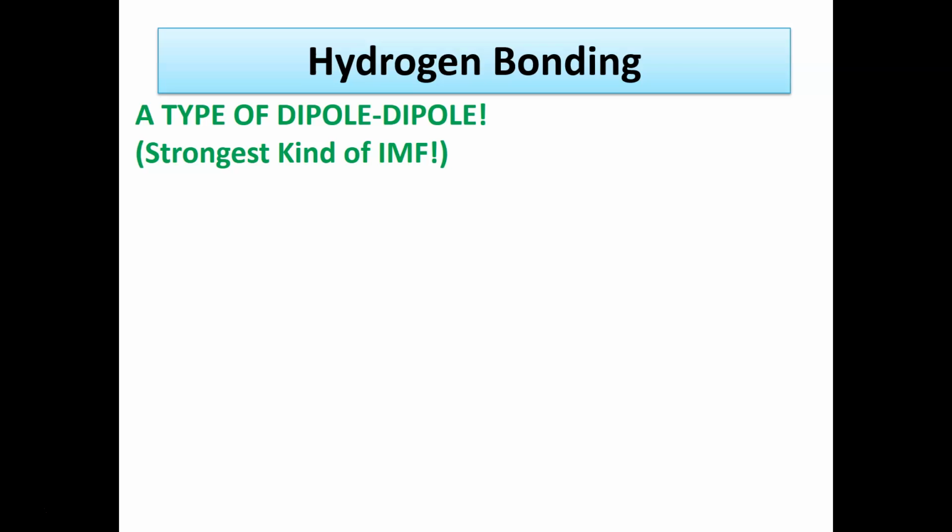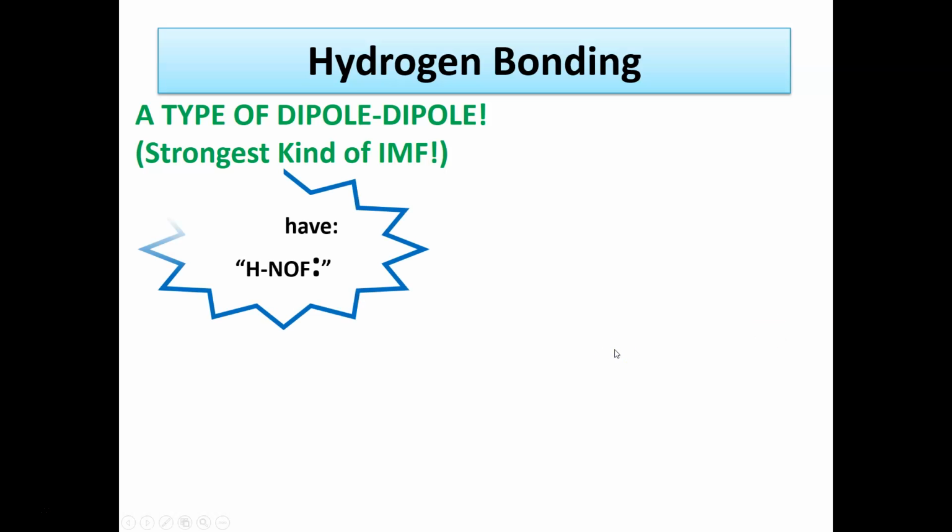So you're going to have a really, really partial positive side and a really, really partial negative side. And because it's such a big difference, even though it's just a dipole-dipole, that extra strength means it's extra important because it impacts a lot of the properties more than expected. Very, very important in biology. We'll go over a couple of those examples in our next lesson.